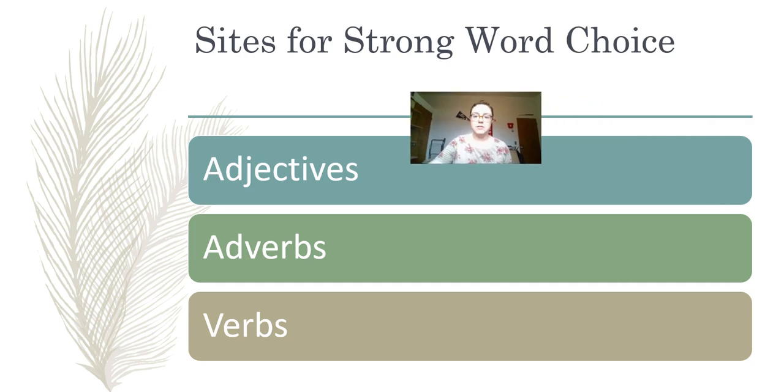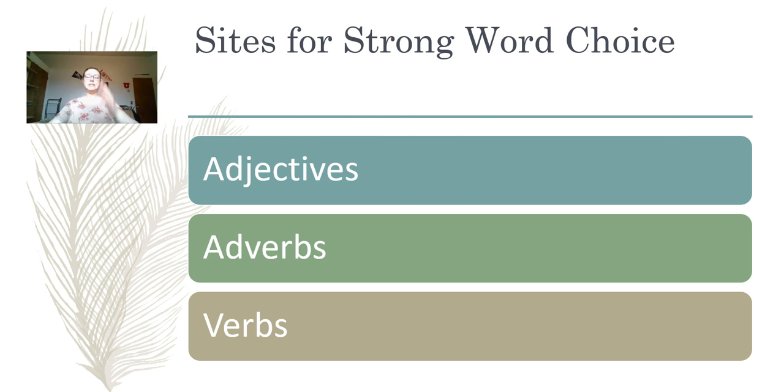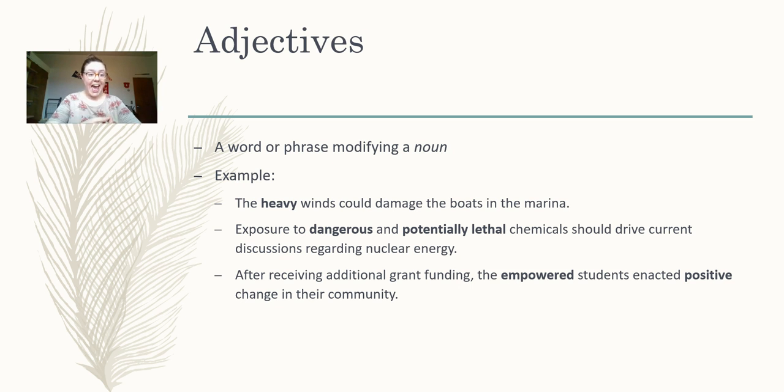So when we think about sites for strong word choice, especially as it applies to academic writing, we can examine parts of the sentence like the adjectives, the adverbs, and verbs. So we'll explore each one of these in closer detail. We first want to look at adjectives. Now, adjectives are a word or phrase modifying a noun.